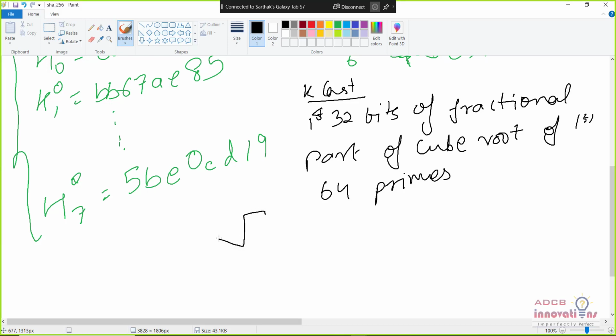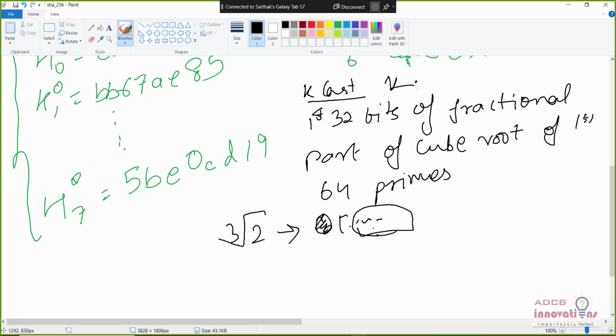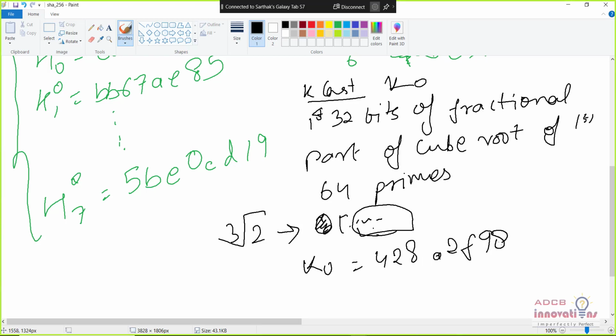We take the cube root, and then the first 32 bits of the fractional part, that is, we will have some cube root 1 point something or 0 point something. That fractional part, the 32 bits of it, is k0. For example, the first k0 value is 428A2F98. This is the value for the k constant, and that is how these k constants are created.